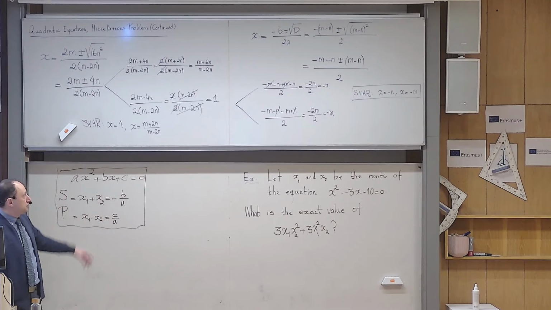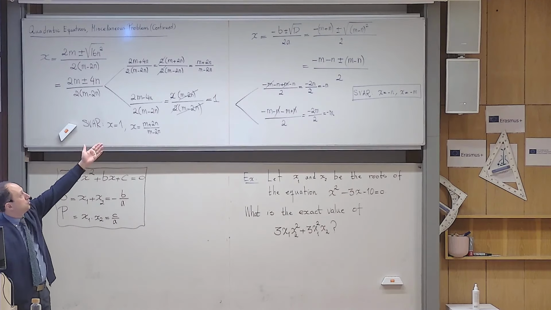What you need is on the board. Of course, if you need the PQ formula or the ABC formula, the ABC formula is also up there.